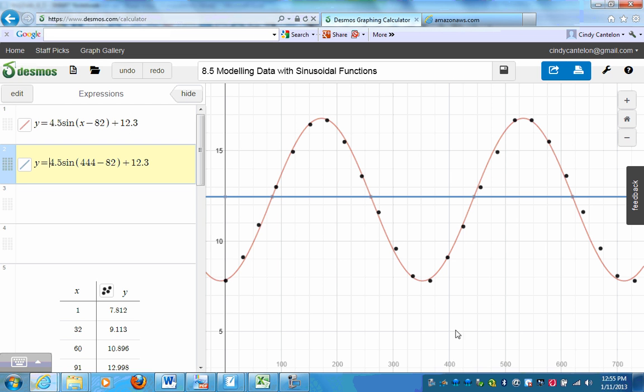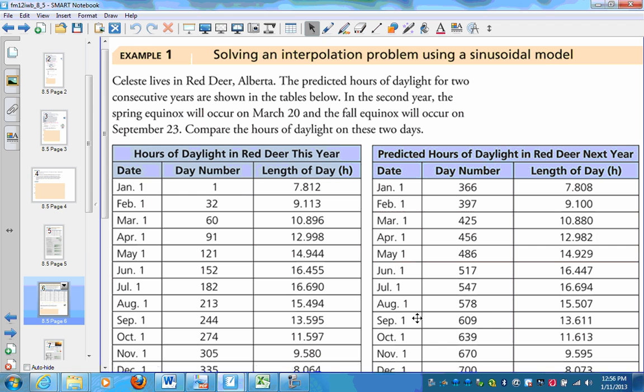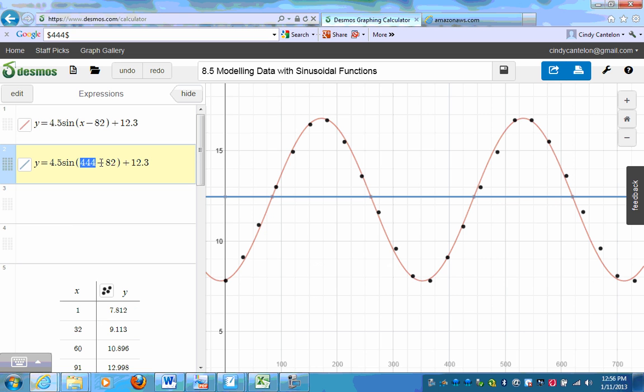So again, a couple ways I can look at it. Wait a second, I think I did that wrong. September 1st is 609, 22 days later to get to the 23rd. Yeah, 631. Sorry. I could actually put it in as 631.